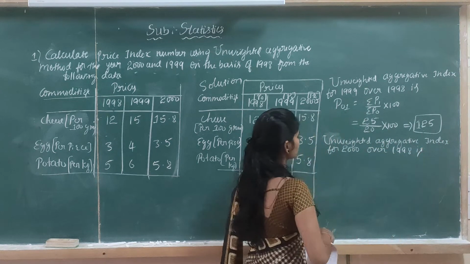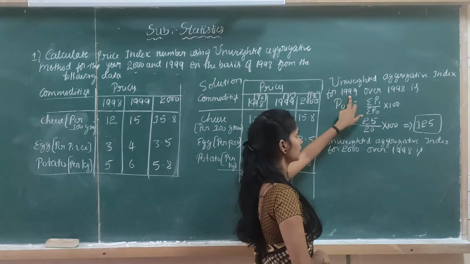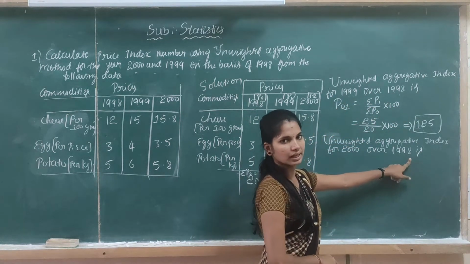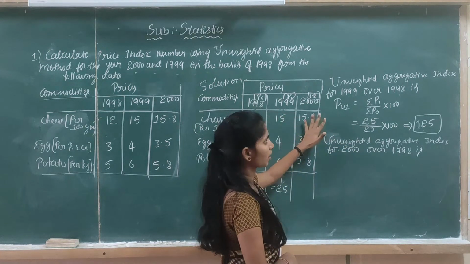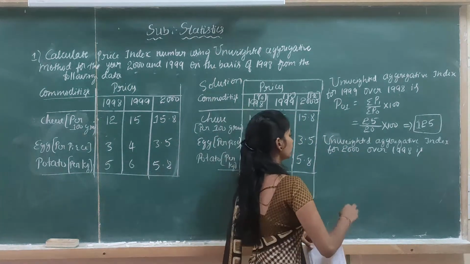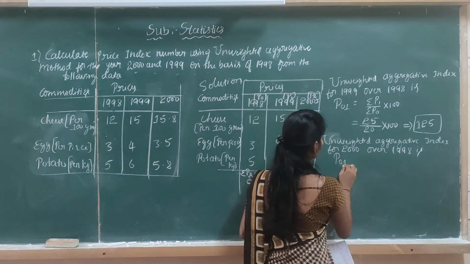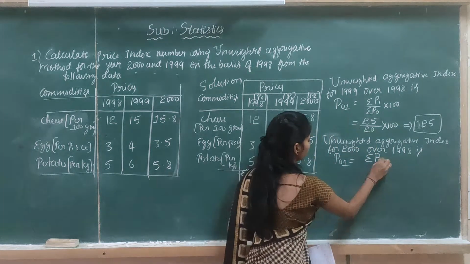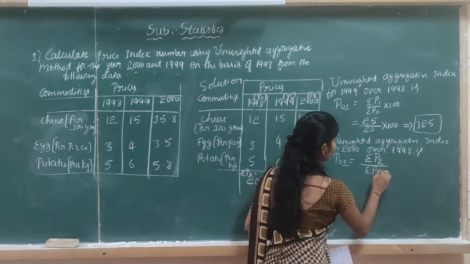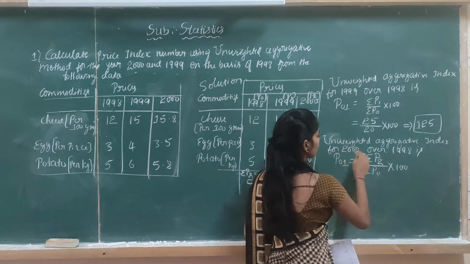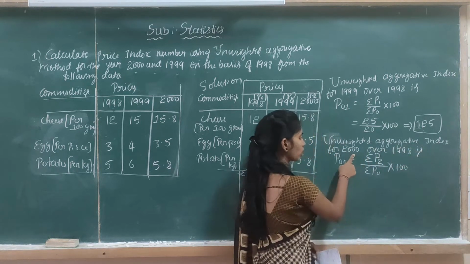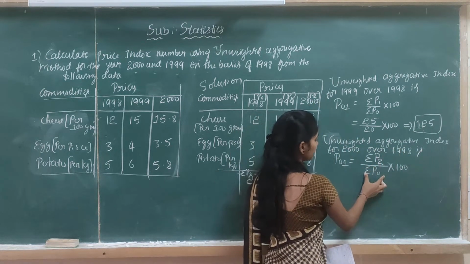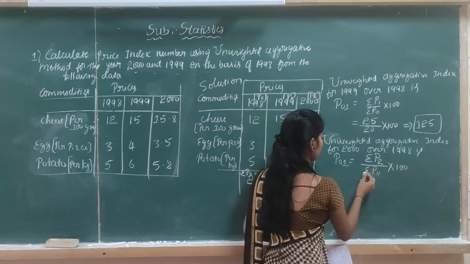Compare this with 1999 over 1998: there we compared two values, and here again two values. The formula for calculating is summation P2 divided by summation P0 into 100, because it is the unweighted aggregative index for 2000. For 2000 it is P2, so you write P2, and the base year is always P0, into 100.